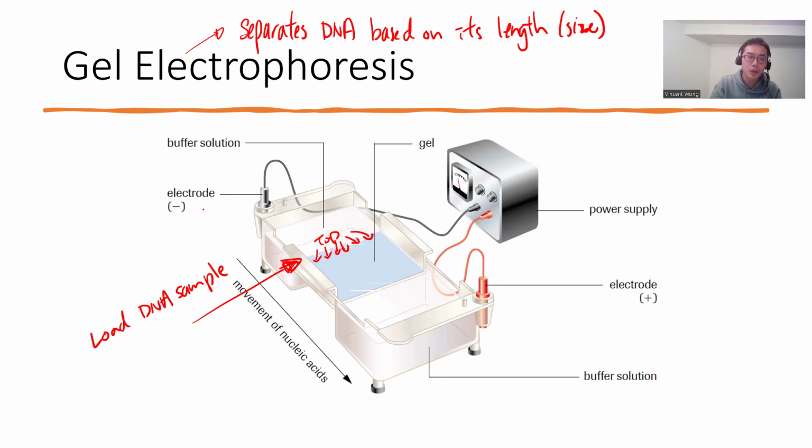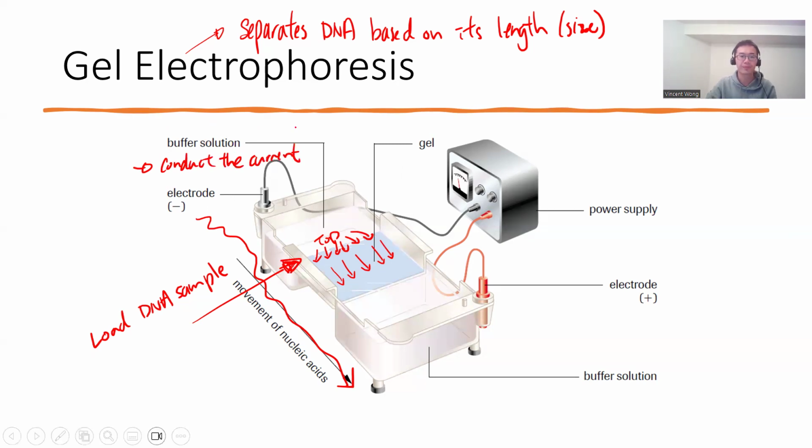So when you apply a current from negative to positive, it will push the DNA down the gel. Now you're going to need a buffer solution to help conduct the current. Over time, the DNA will slowly move down the gel.